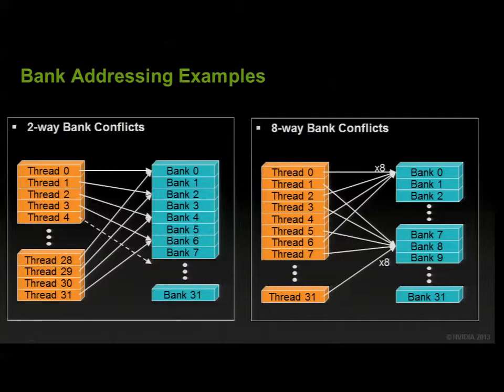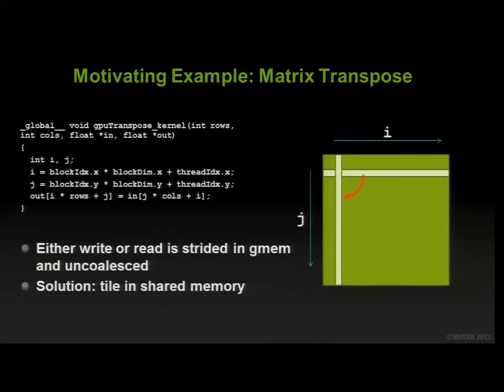What the hardware will do is replay this instruction. As I said, it will first deliver the values to the first set of threads, then to the next set, and so on. All this means is that you're just getting a slightly extra cost for accessing shared memory.